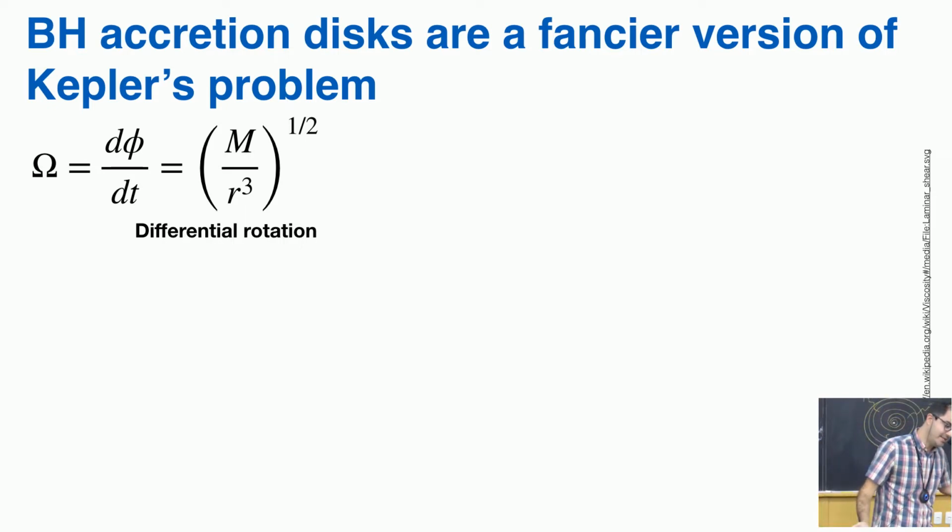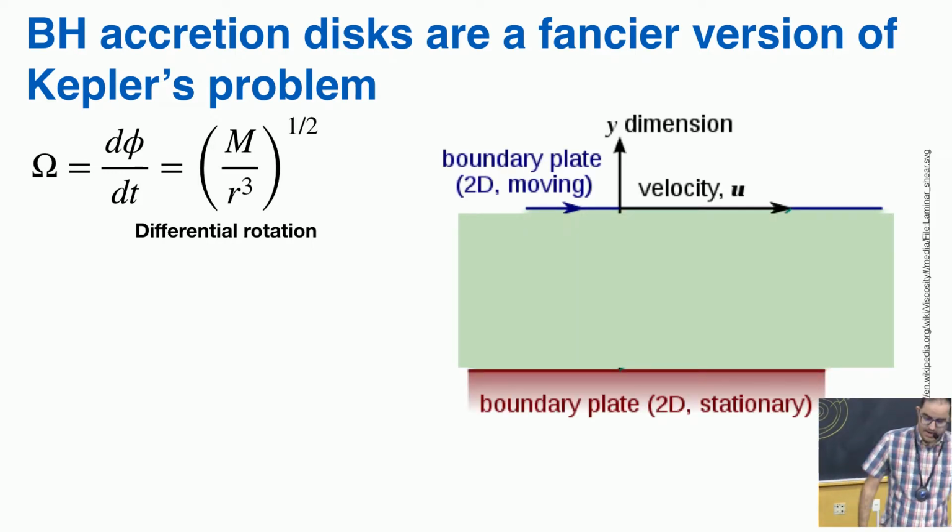And it's a coincidence that it's the same as the Newtonian Keplerian rotation, because the GR version and the Newtonian version are only the same if you use Schwarzschild coordinates. If you use different coordinates, they will not be the same. Okay, but the thing is, accretion disks are a fancier version of the Keplerian rotation velocity law.